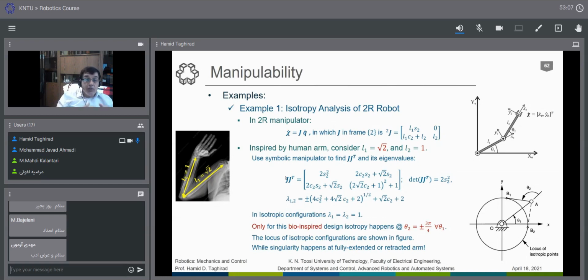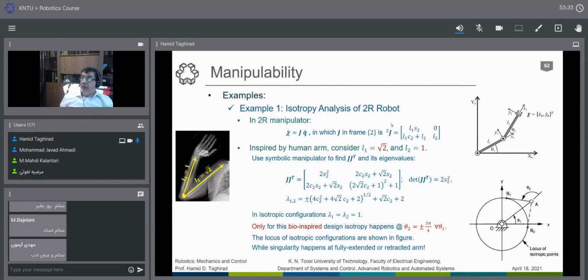You can use the symbolic manipulation, either in MATLAB or in Maple, even for your exam as well. So I encourage you to learn how to write these codes in MATLAB and Maple. Okay. Closing the parenthesis, going back to the example.